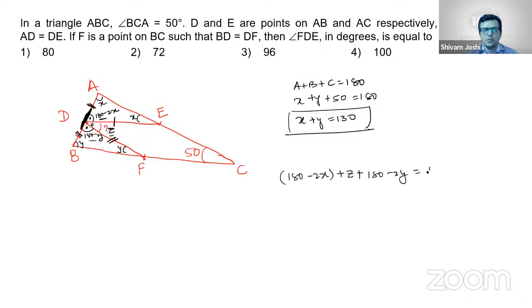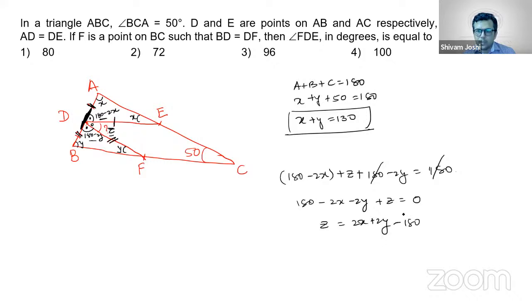Their summation is going to be 180. So 180 minus 2x minus 2y plus z equals 0. And therefore, z is equal to, shifting everything to the right side, 2x plus 2y minus 180. You know x plus y is 130, so twice of that is 260, minus 180. This is going to be 80.